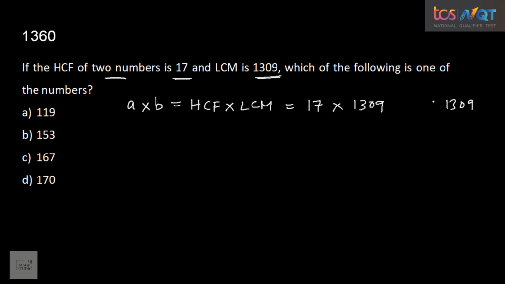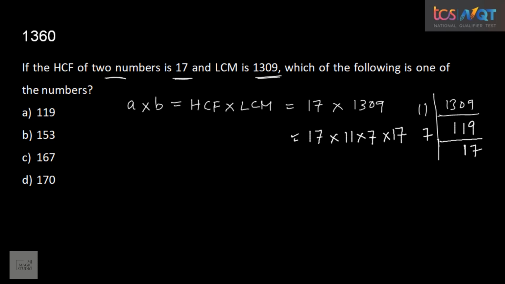If I find different factors of 1309, it should be divisible by 11. So 11 into 119. Then again it will go by 7, 7 into 17. Okay, so it should be 17 into 11 into 7 into 17.